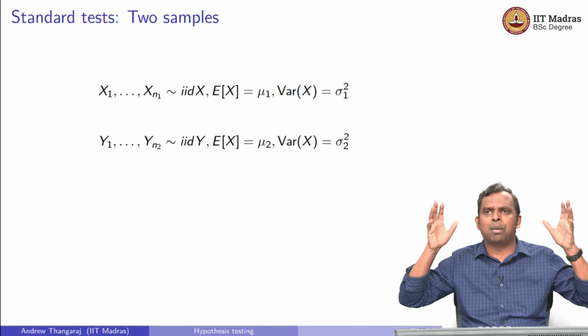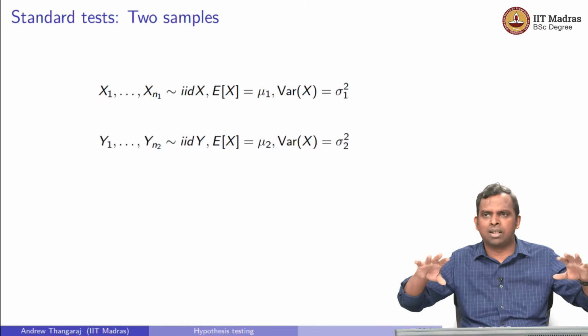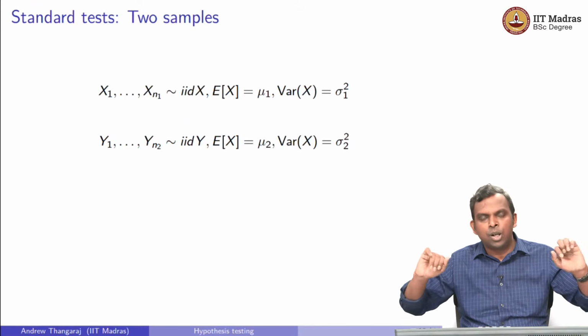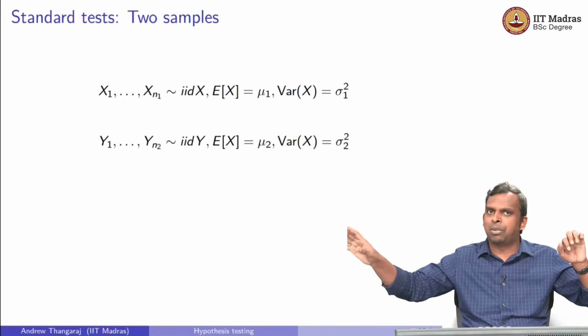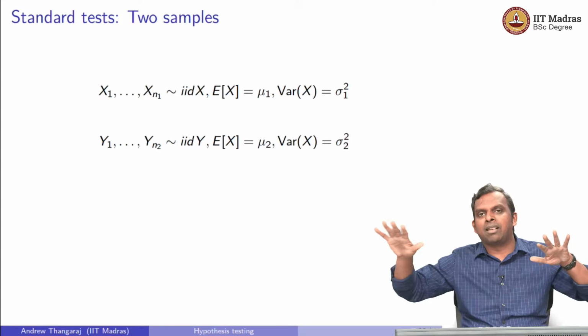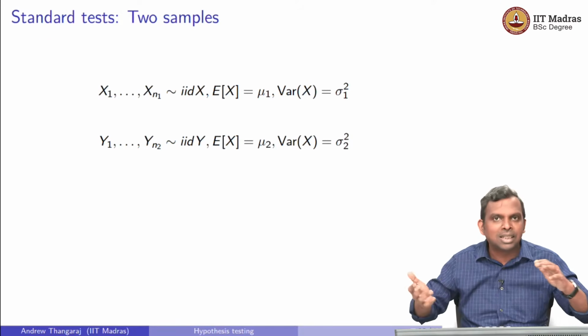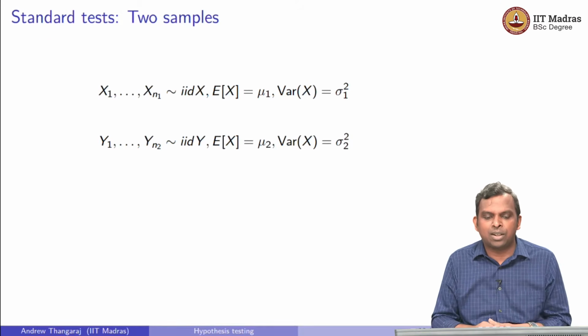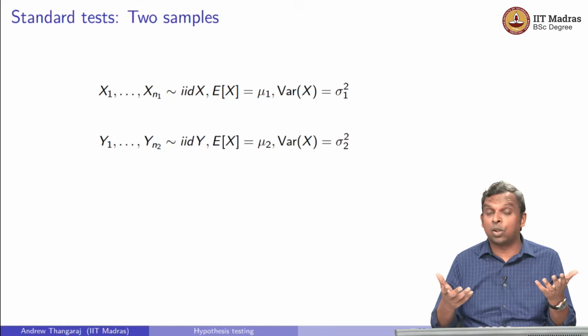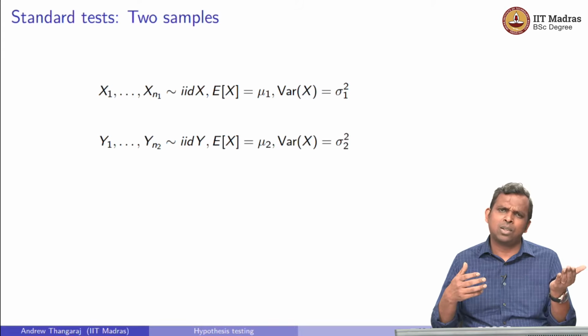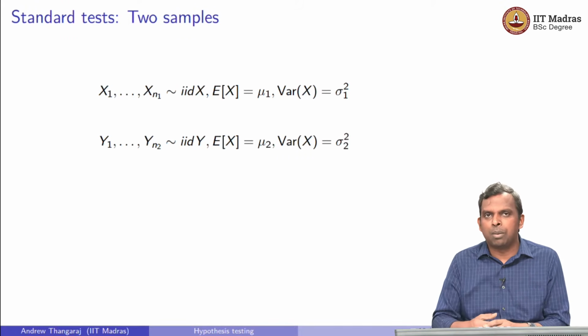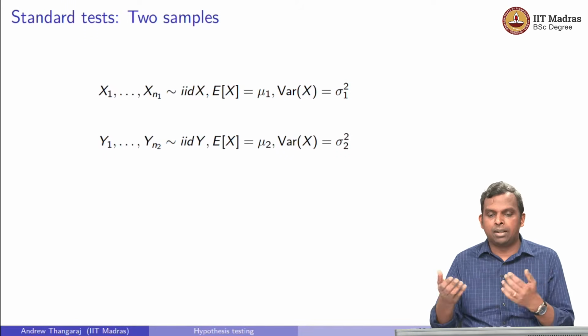Maybe you are after the number of tigers per square kilometer. So you have one set of samples here, one set there, and you want to compare which forest has more tigers. Very natural setting. So you see how two samples can arise quite naturally. The one sample case is also typical, but data may arise from two samples, and you may want to compare them.